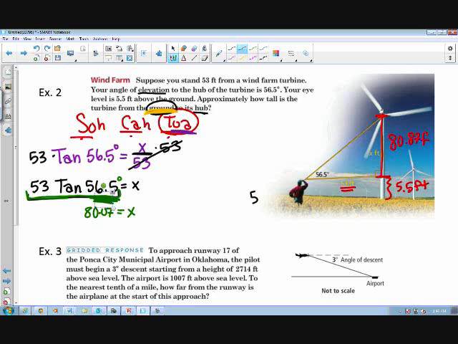We just add the two together. 80.07 plus 5.5, and we get 85.57 feet, approximately, from the ground all the way up to the windmill up there, the turbine.